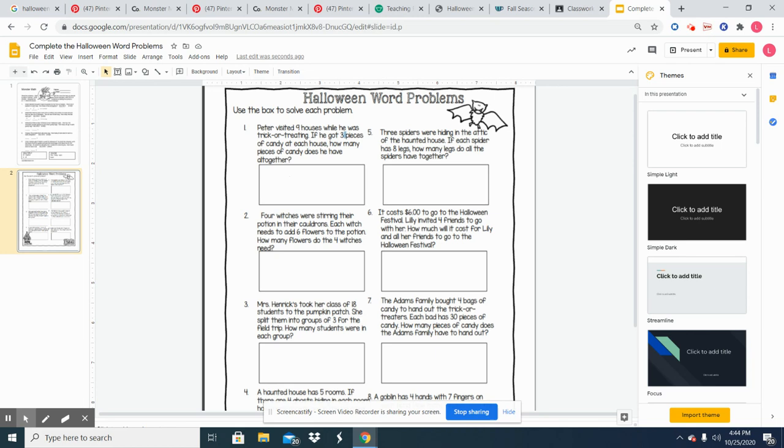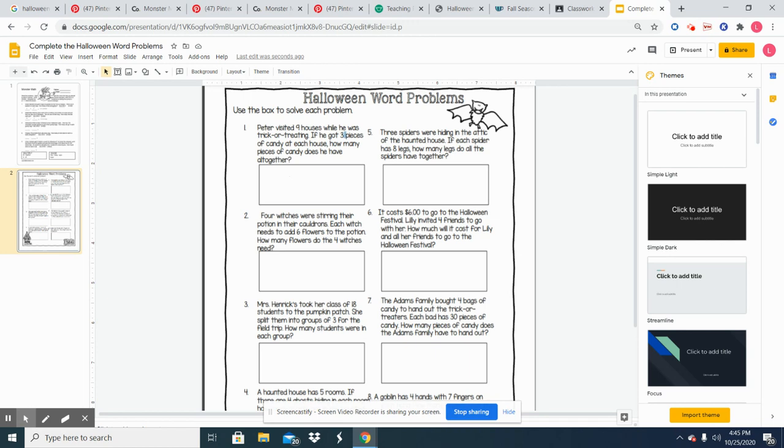That's called the array method of multiplication. Or you could do groups. You would make 9 groups, so 9 circles with three little pieces of candy in each circle, and then you would count how many pieces of candy were in each circle that represented the houses.